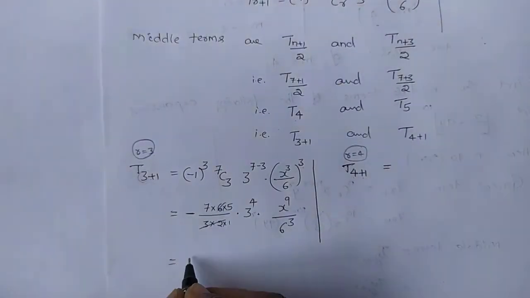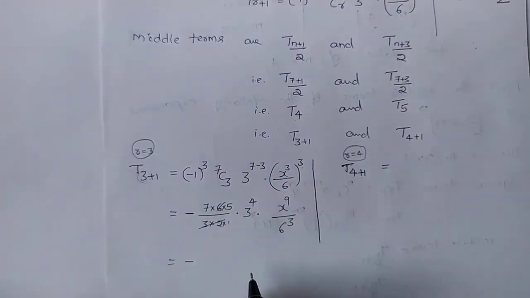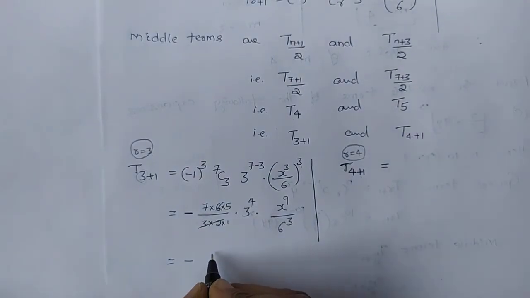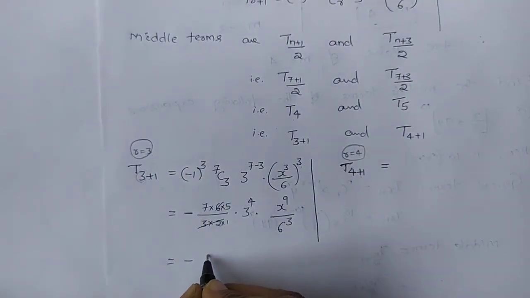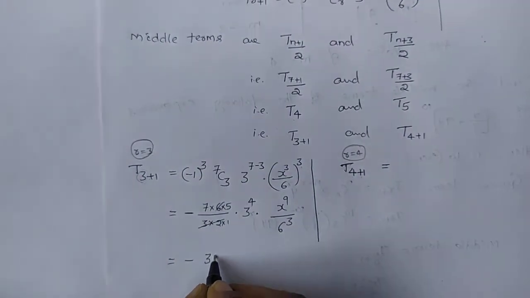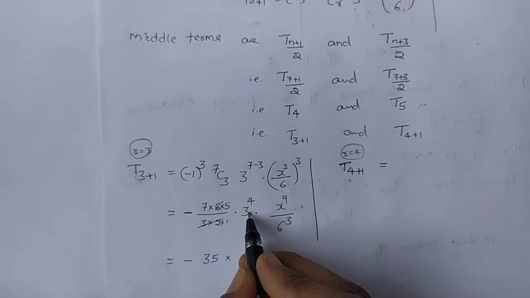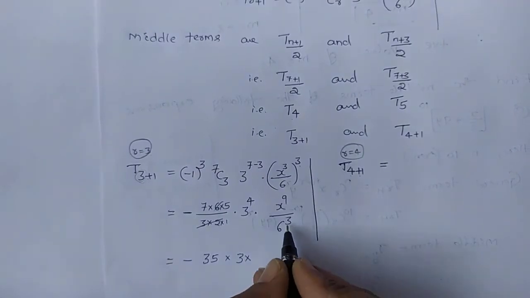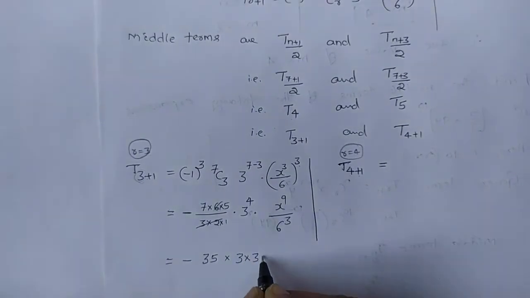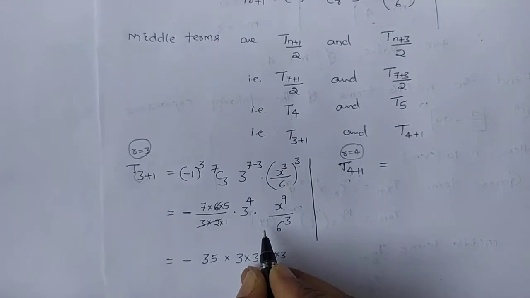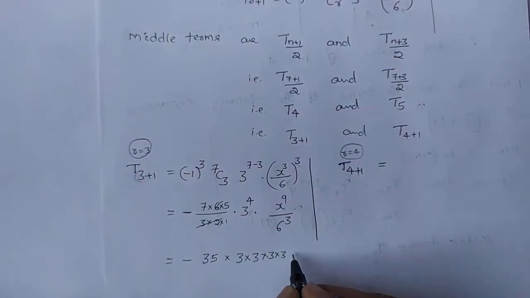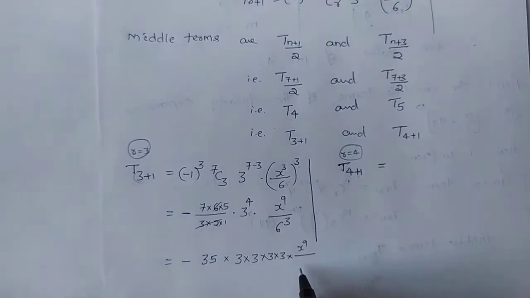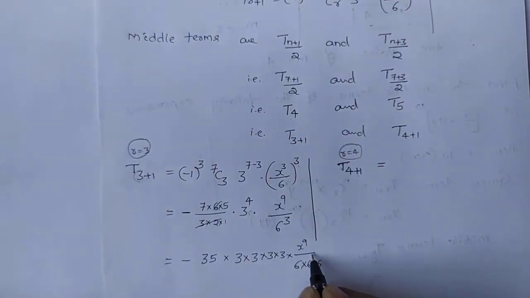That is equal to minus 7 into 5 is 35, into 3 power 4, which is 3 into 3 into 3 into 3, four times, into x power 9 divided by 6 cube, 6 into 6 into 6.